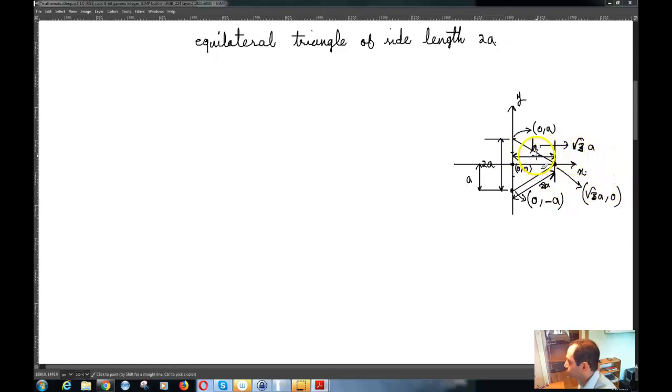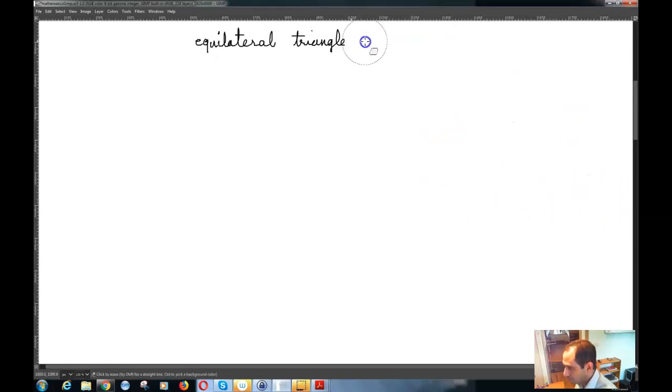Meaning that if the triangle's vertex is over here, then of course this coordinate becomes negative square root of 3, a. But otherwise this is right, and the other case would also be right. Anyway, that was basically the answer here.